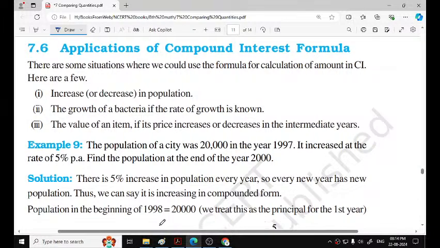There are some situations where we could use the formula for calculation of amount in CI. Here are a few. Increase in population or decrease also. The growth of bacteria if the rate of growth is known. The value of an item if its price increases or decreases in intermediate years.